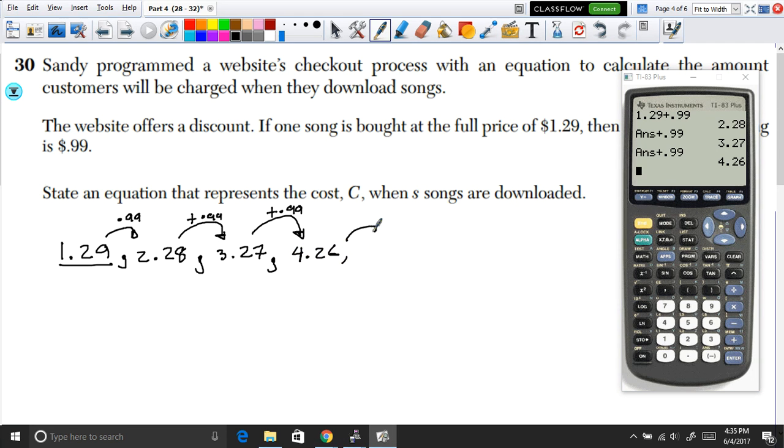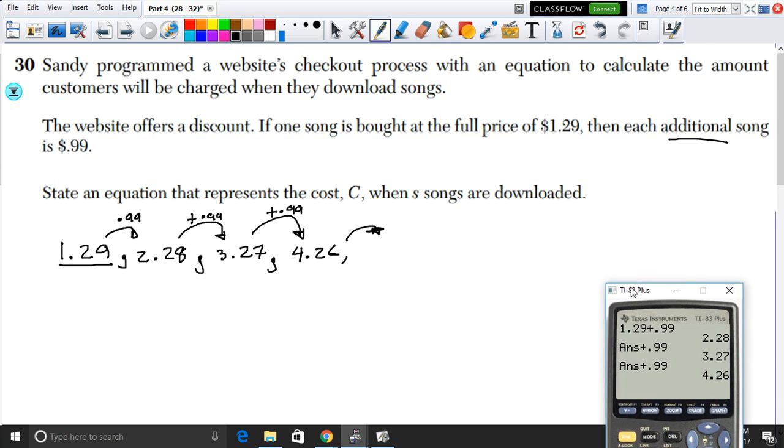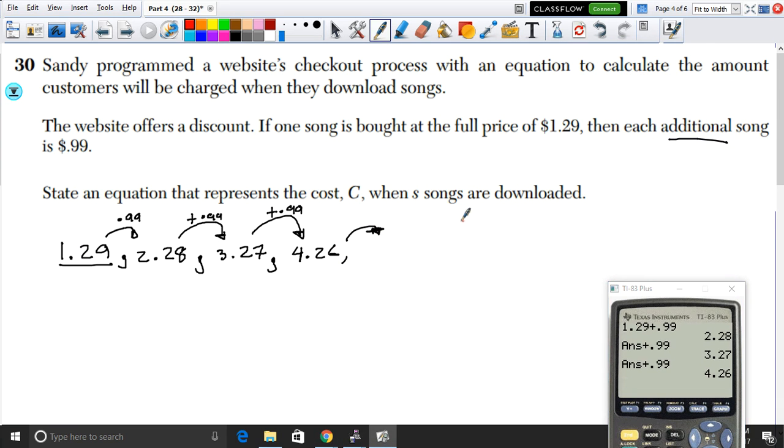And if we want to buy another song, you already saw the pattern. So this is an example of an arithmetic sequence, where the first term, or A1, is 1.29, and the common difference is 0.99.